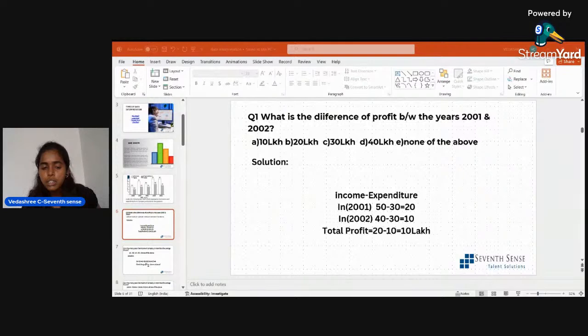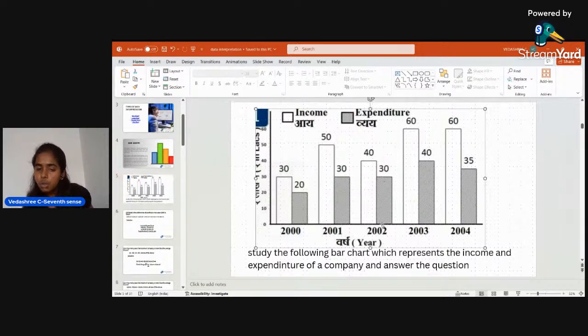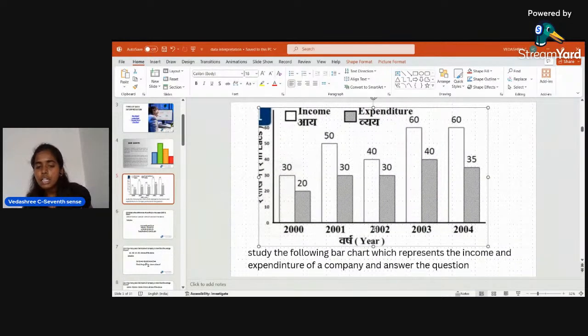Understood the problem? By observing that bar graph, we need to calculate the difference of profit. First we check the difference between income and expenditure of 2001, then of 2002, then we check the difference of profit between 2001 and 2002.